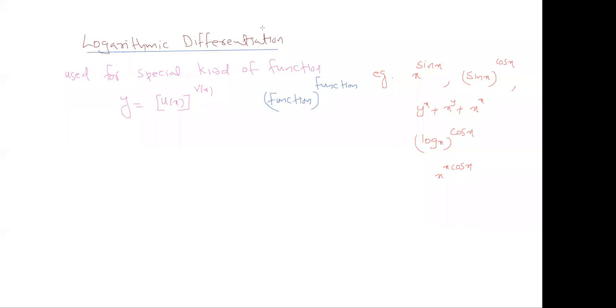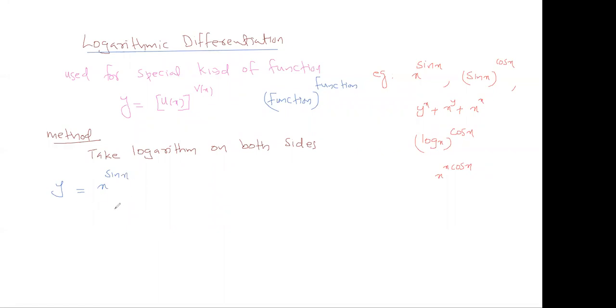So what we have to do, the method is simple: take logarithm on both sides. Then the remaining I will explain through the example, otherwise you will get confused. If I tell theory, you will get confused. So I will show you one example of how to do it. Say for example, y is equal to x to the power sin x.